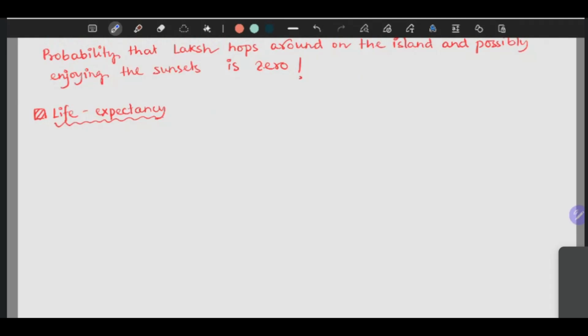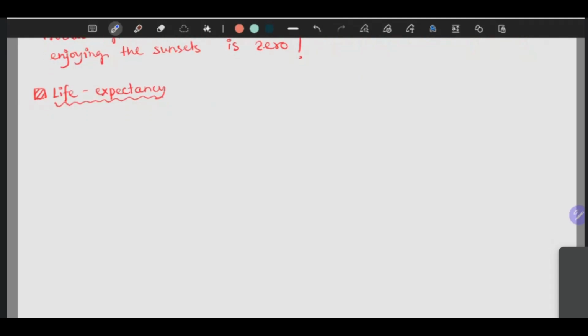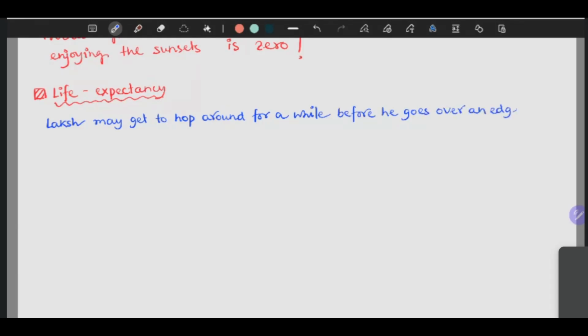So Lux may get to hop around or roam around for a while before he goes over an edge, right?